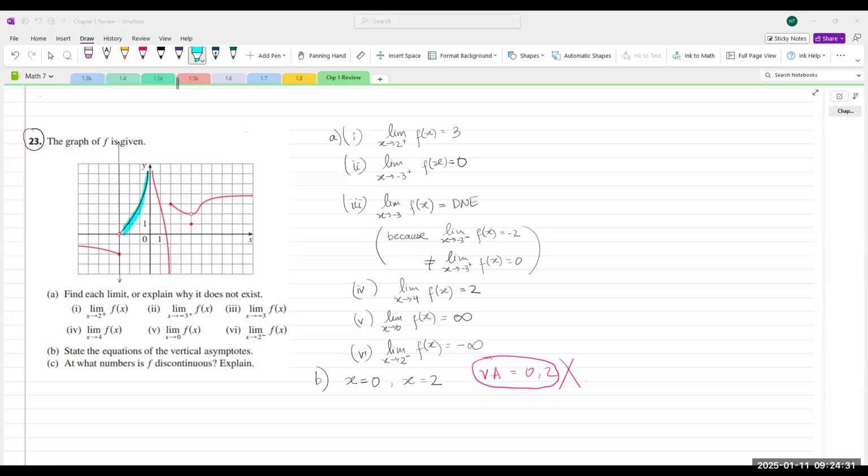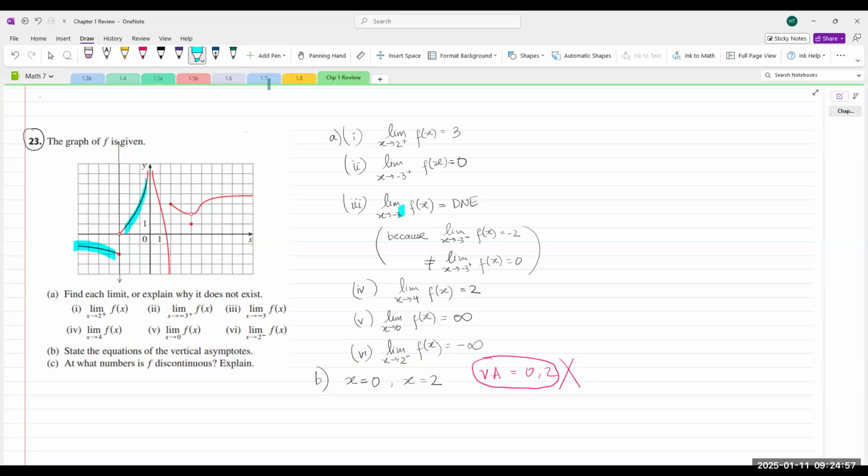Now, question number 3. Limit as x approaches negative 3, but they don't specify from left or right. If it doesn't specify from left or right, then we need to look at both. Here we see that the right limit is 0, but the left-hand limit is not 0.